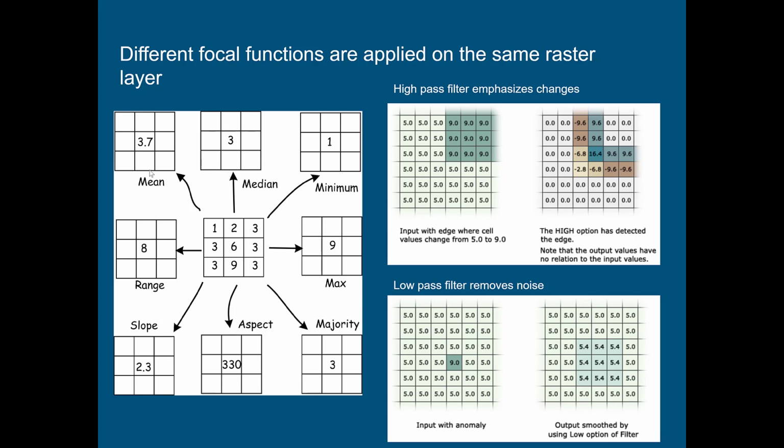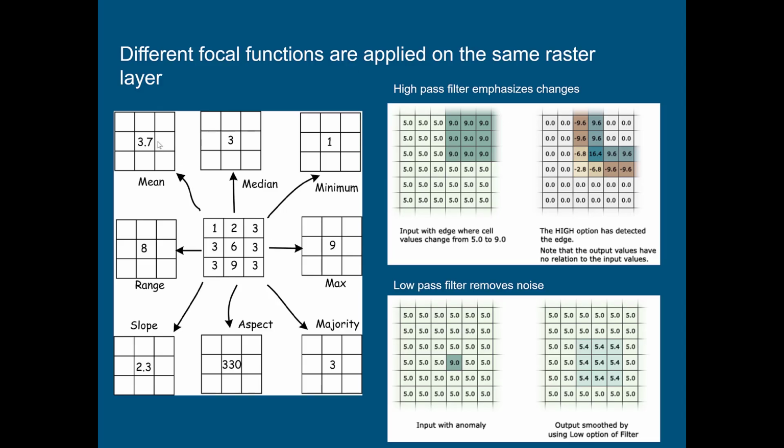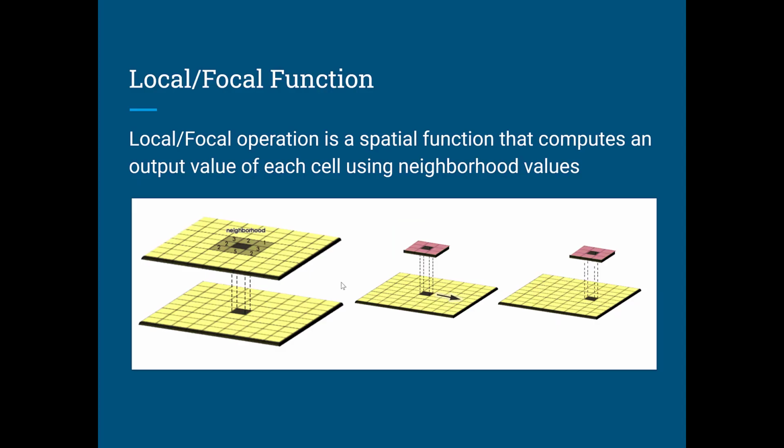For example, you can define the mean, which means I'm going to calculate the average of all the values covered by this window and assign the new value, the average of all the 9 pixels, to the target pixel. Or you can use median, or minimum, and so on. But here I want you to get the basic idea of this local or focal function, what we call the moving window function.